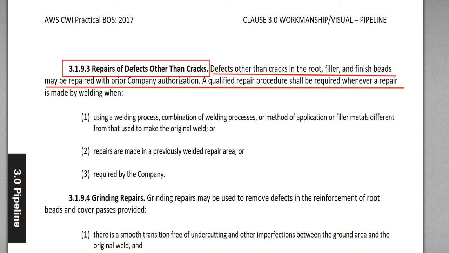Defects other than cracks in the root, filler, and finish beads may be repaired with prior company authorization. A qualified repair procedure should be required whenever a repair is made by welding when 3 conditions are existing.